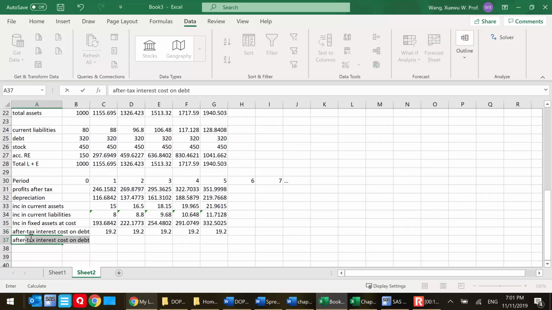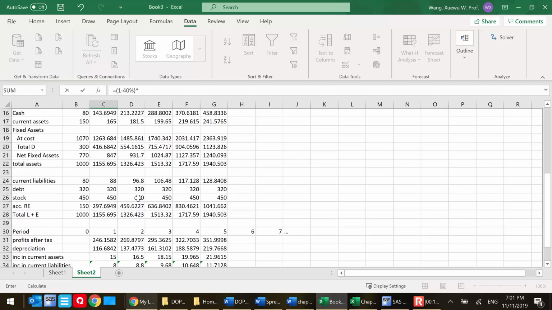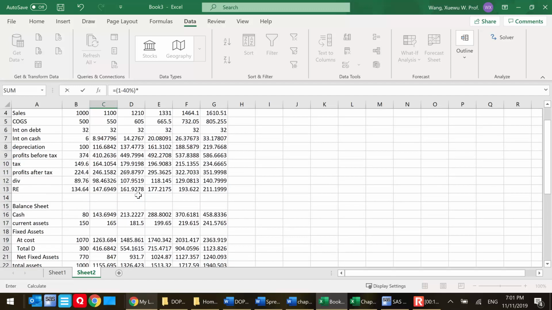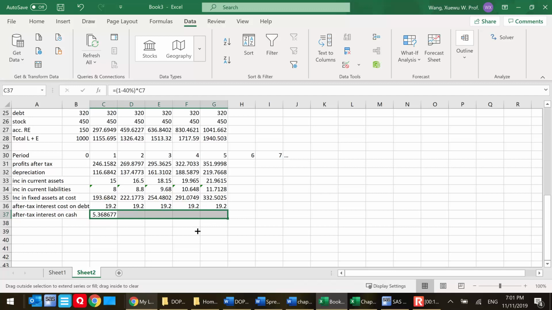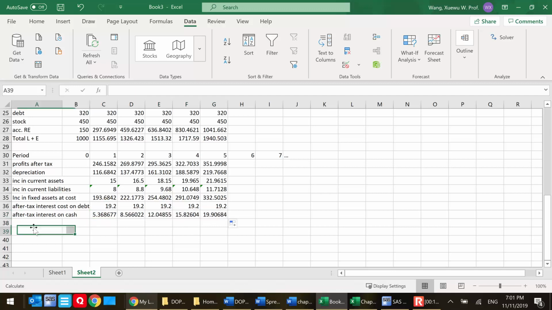Okay, and let's do after-tax interest on cash. So I'm going to do, again, 1 minus the tax rate, which is 40%, multiplied by interest you earned on cash, which is actually in row 7. So, all right, and let me copy this across.